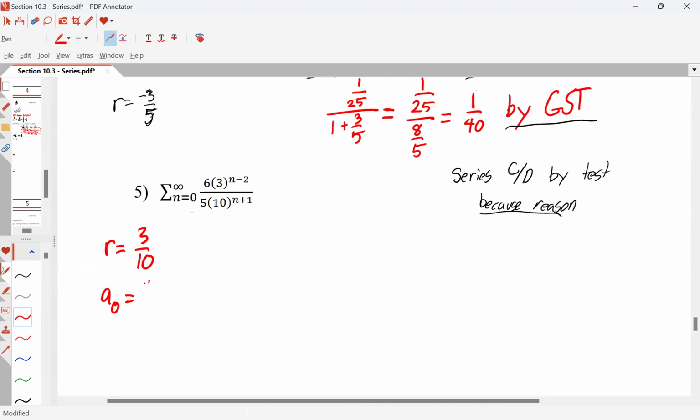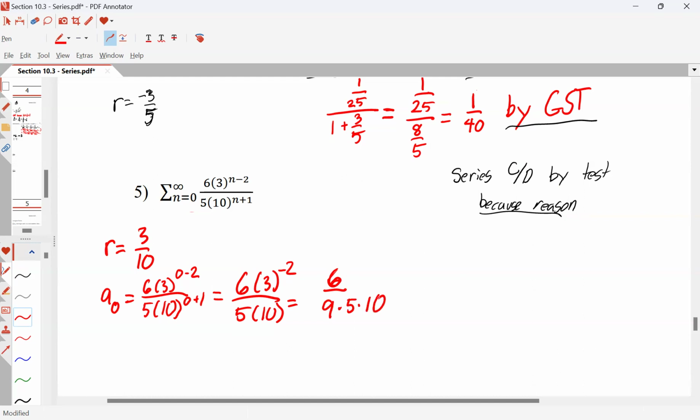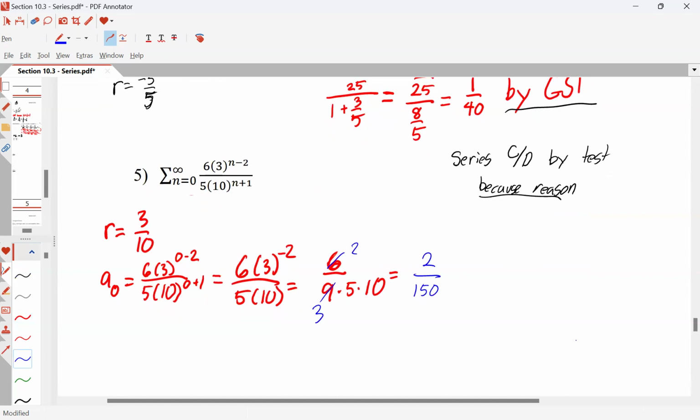So plugging in the lower bound, I'd have 6 times 3 to the 0 minus 2 over 5 times 10 to the 0 plus 1. This is 6 times 3 to the negative 2 over 5 times 10. 3 to the negative 2 is 1 over 9, so 6 over 9 times 5 times 10. 6 and 9 cancel to be 2 and 3. 3 times 5 times 10 is 150. And the numerator is 2. So A is 2 over 150.